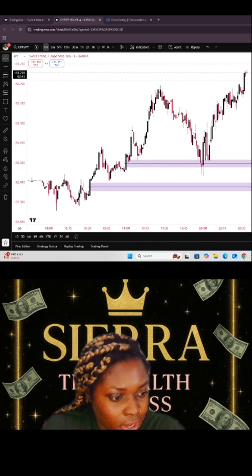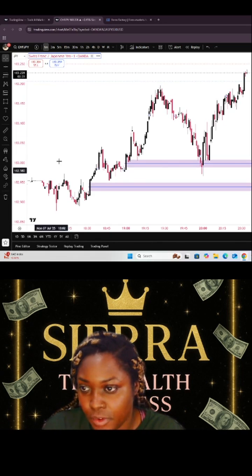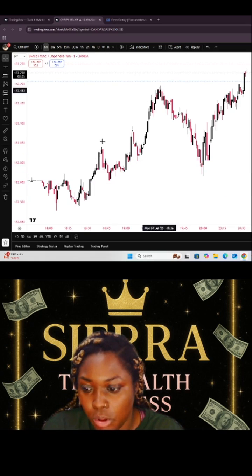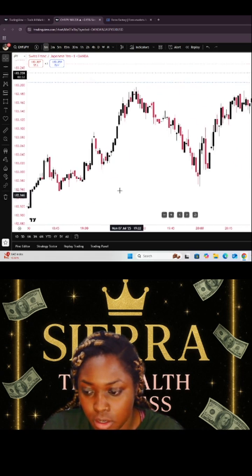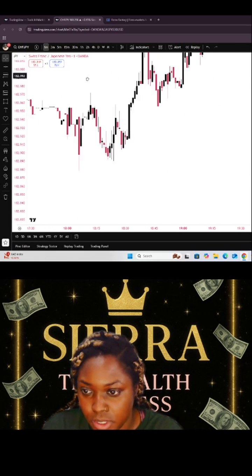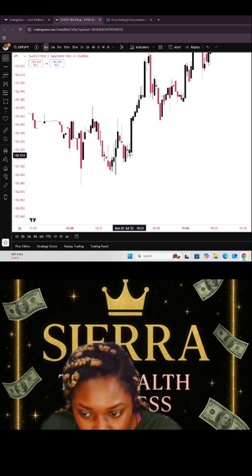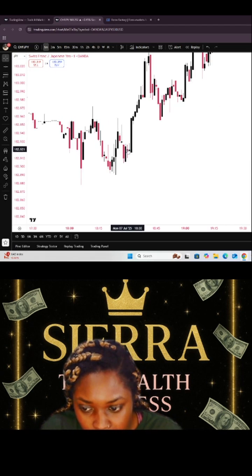So fair value gap is just a long bullish candle. No. Nope. Fair value gap is a hole in the market. There is a hole there. So here, if we zoom into this candle, you see that gap. But if we look at the previous candles, you see how this candle traded back into this candle and this candle traded back into this candle.